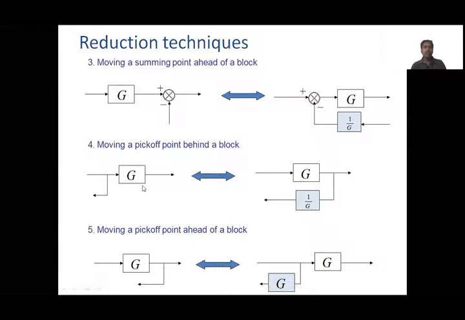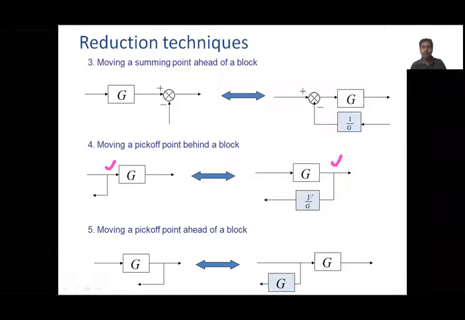Similarly, if you want to move a takeoff point, or pick off point, from before the block to after the block, then what to do? You have to multiply the feedback or second signal with 1 by G, since G is the forward gain.